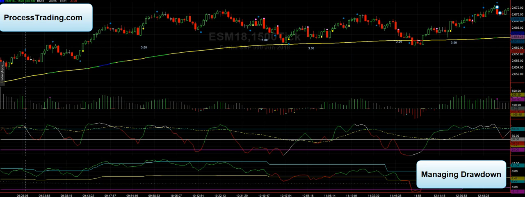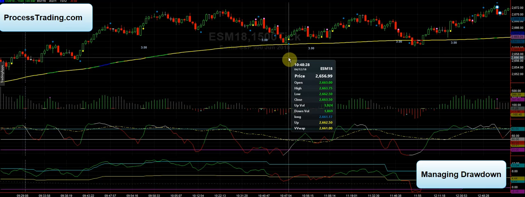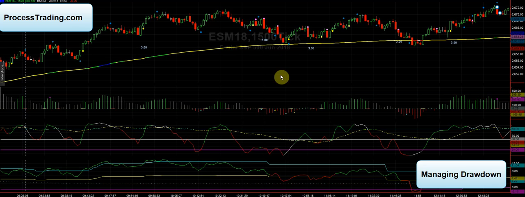So let's see what our drawdown effect would have been. Again, here's our previous PT range indication. So we would have added half a point to that, which would have made it 3.5 points. We looked for the high of this bar, which was 63.75, and we would have entered at 65.75.